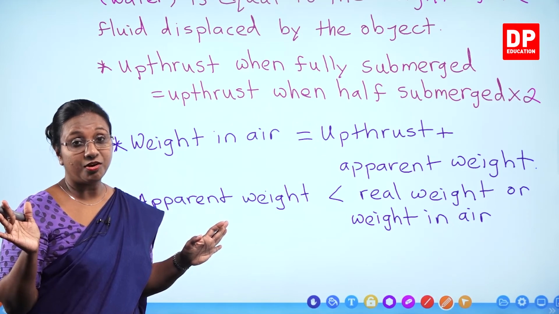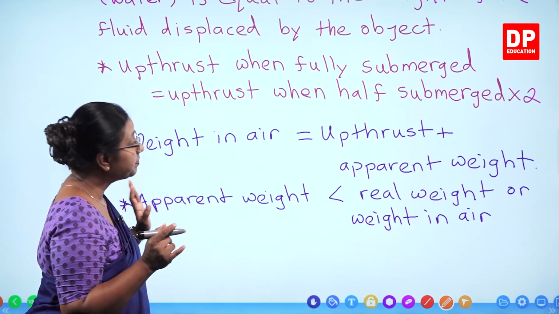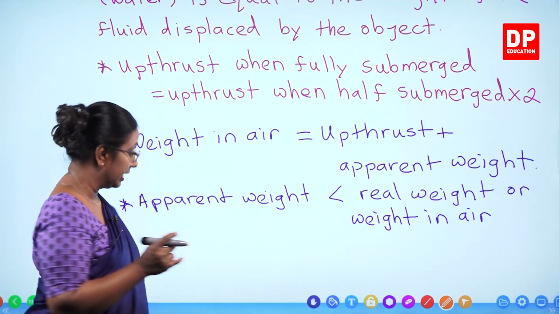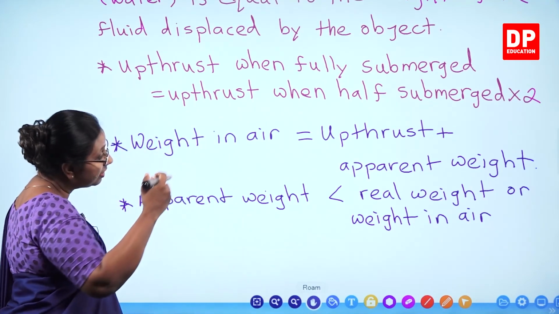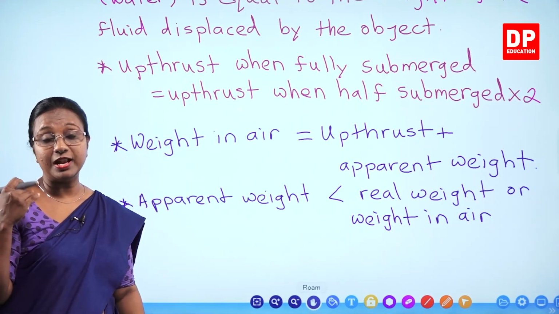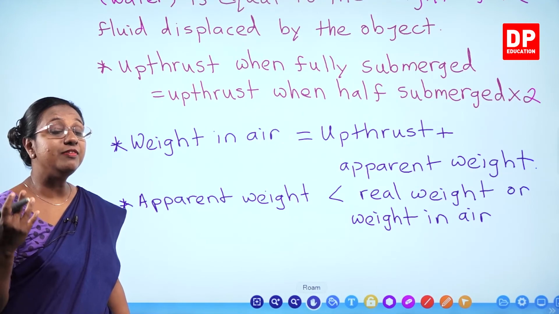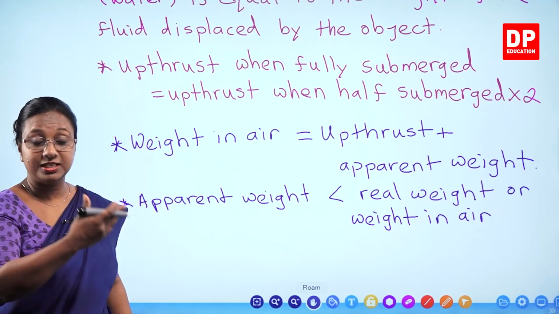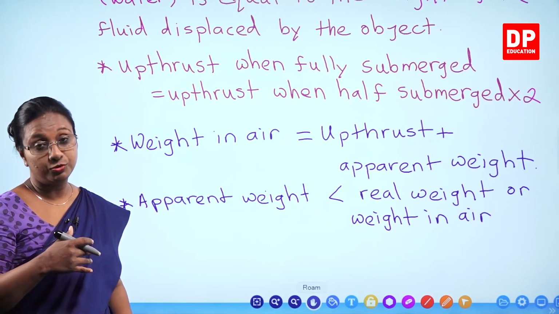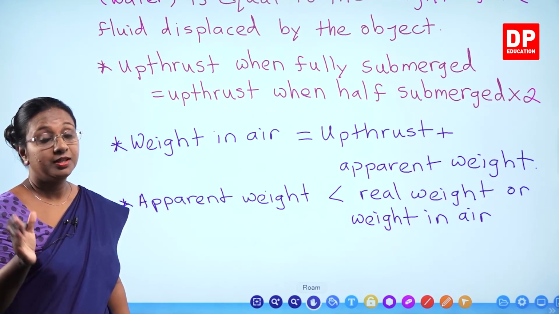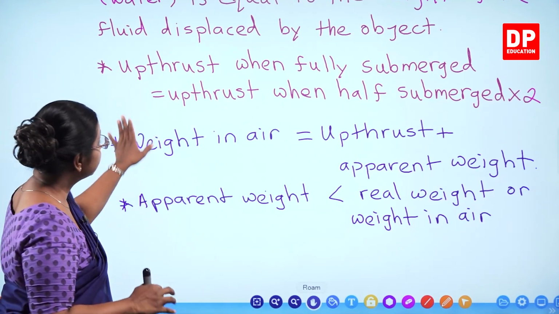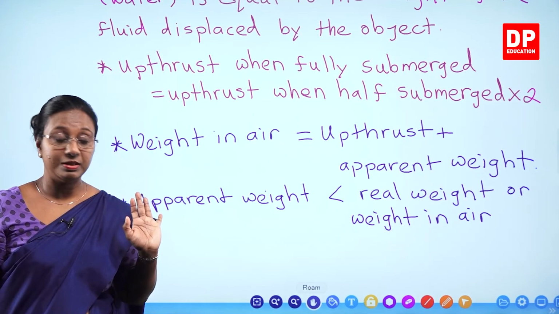Is that clear to you? So this upthrust causes a weight loss, or it decreases the weight of an object. That is why we feel it lighter when an object is inside a fluid or within water. Can you all understand that? So these are the things that you need to remember.